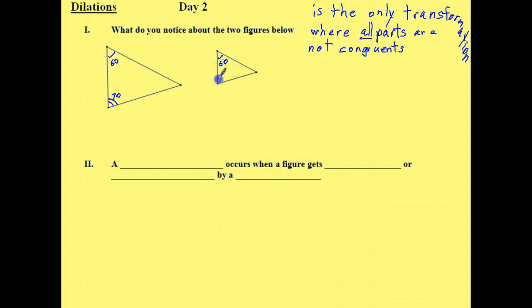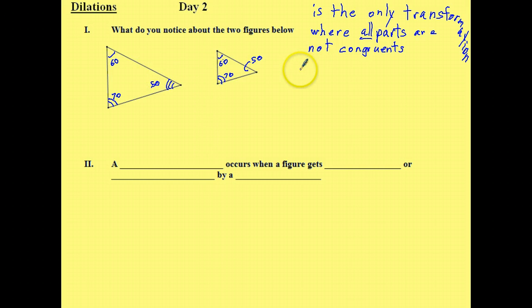Well, this triangle's angle that corresponds with that one is also 70 degrees. So we have 70, 70, 60, and 60. That's 130. This angle would be 50. And as you can see, all angles in each triangle stay the same.